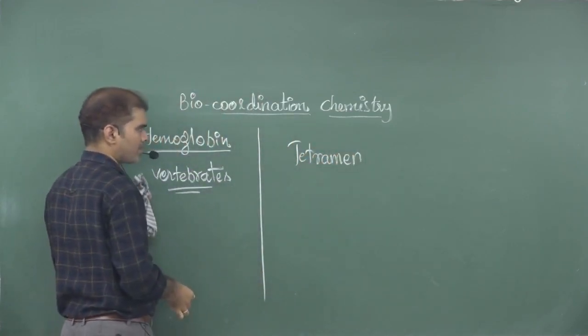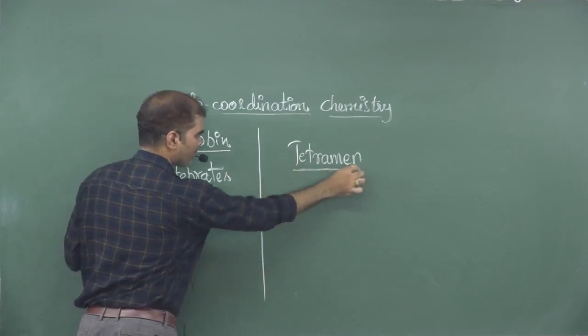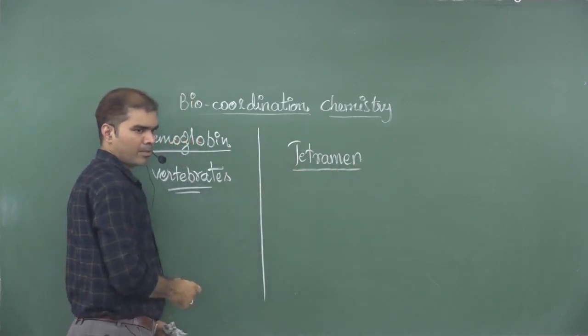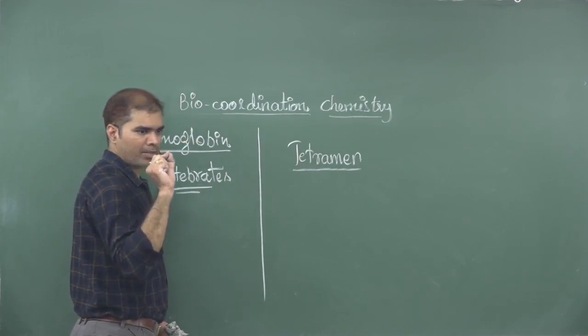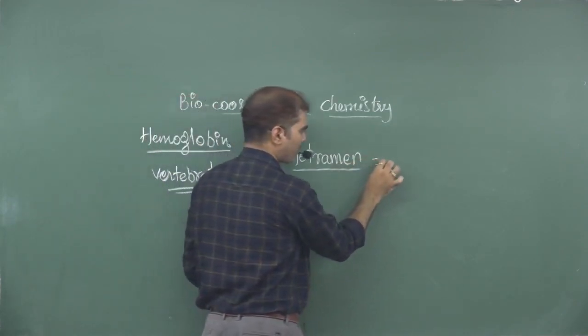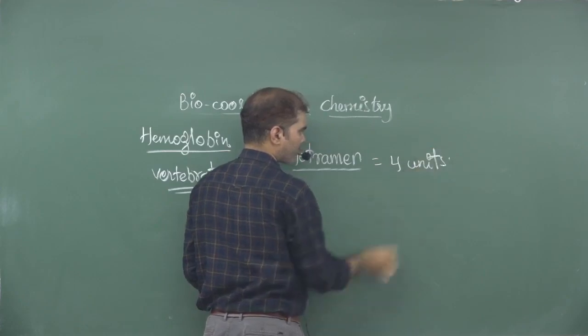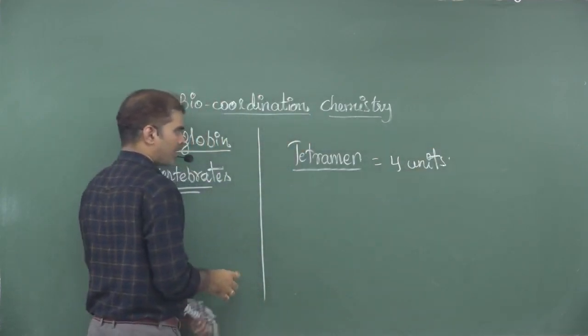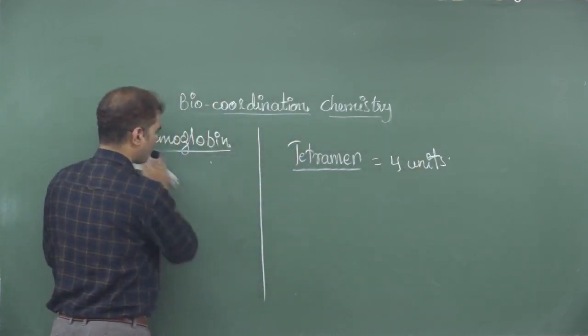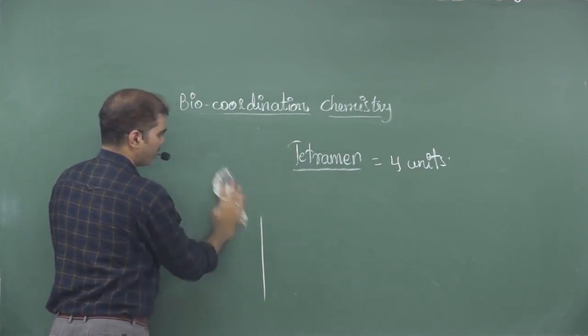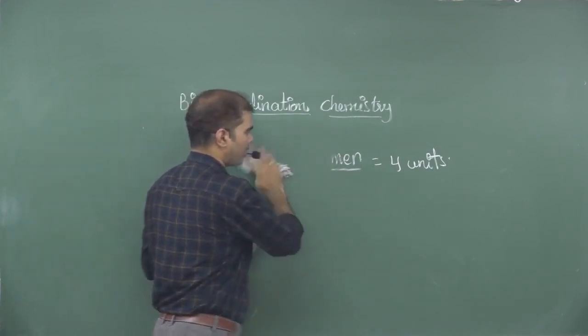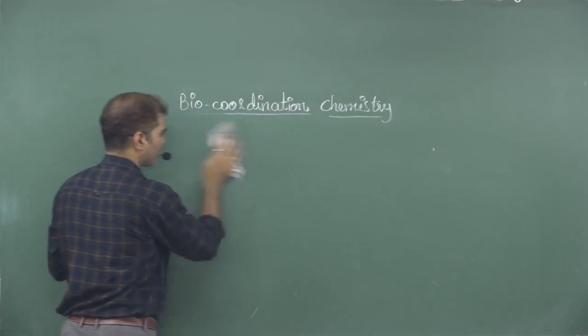Hemoglobin is a tetramer. Tetramer means hemoglobin is not a single unit. Altogether there will be 4 units of it. That is, it has 4 subunits.